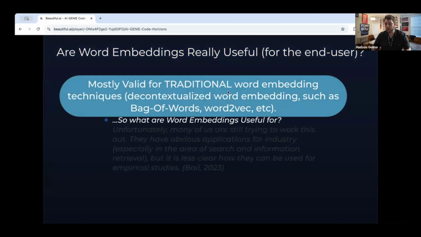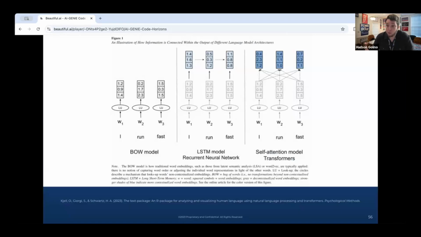Initially, the word embeddings generated by natural language processing were good for querying and retrieval in documents, but they could not be used for many other things. So they were not super useful at the end of the day. But the solution is that the traditional word embedding methods evolved to incorporate the self-attention mechanisms from the transformer model architecture, and then they became much more useful than they were initially.